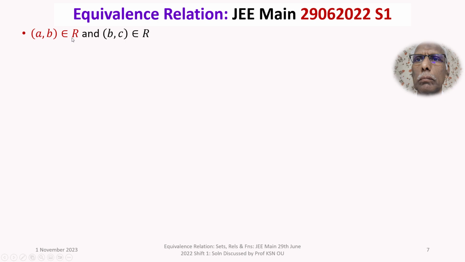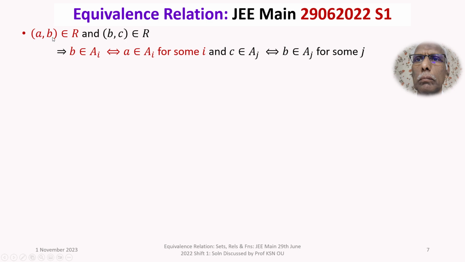(A, B) belongs to R means, by definition, B belongs to AI implies and implied by A belongs to AI, for some I. What about (B, C) belongs to R? This will be C belongs to AJ implies and implied by B belongs to AJ for some J.